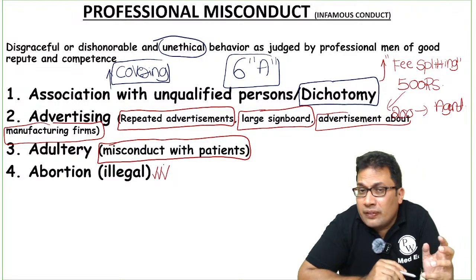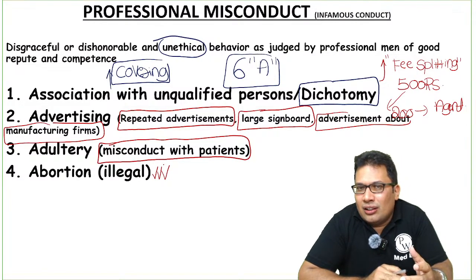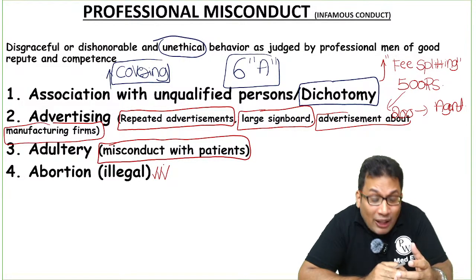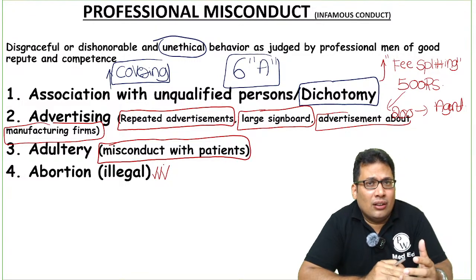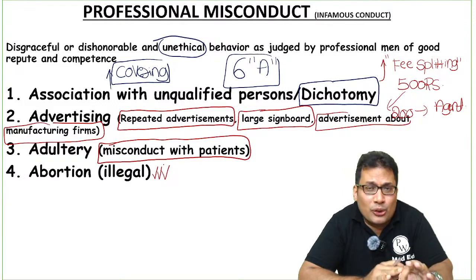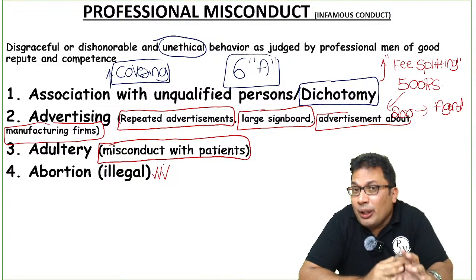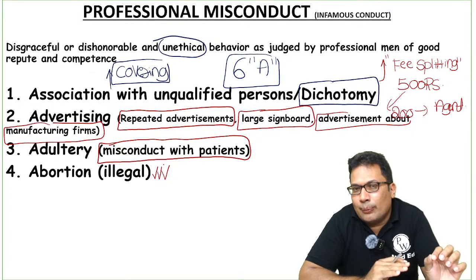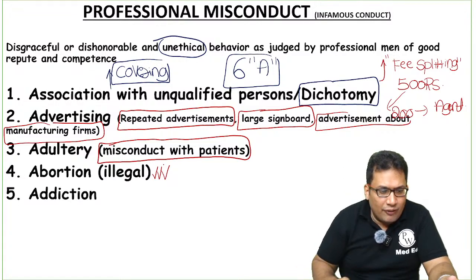You know, there are indications for MTP: maternal, fetal, eugenic, and humanitarian indications. Any illegal or criminal abortion done without proper indication or without the guidelines given in the MTP Act can be infamous conduct. Next, A for addiction.